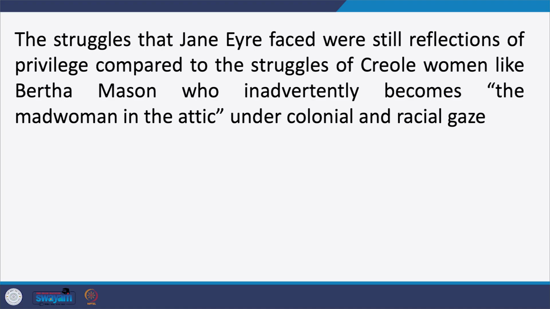And Jane Eyre, Charlotte Bronte's novel, focuses on the identity and the struggles of women like Jane Eyre, but it entirely neglects or evades the engagement with questions of privilege because it fails to acknowledge how the struggles that white women like Jane experienced were still reflections of privilege compared to the struggles of Creole, black, and brown women like Bertha Mason.